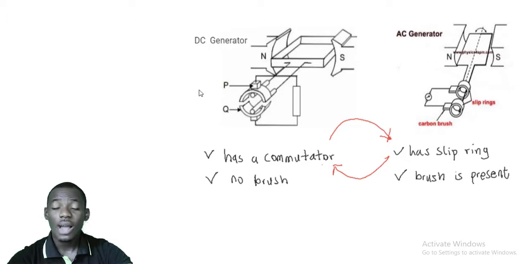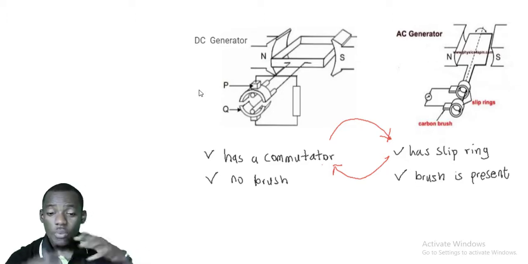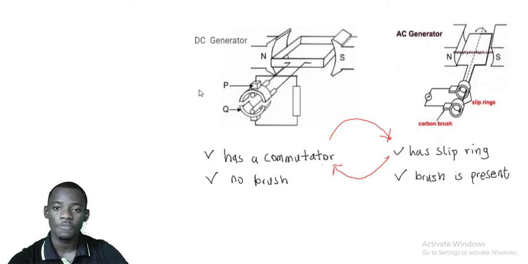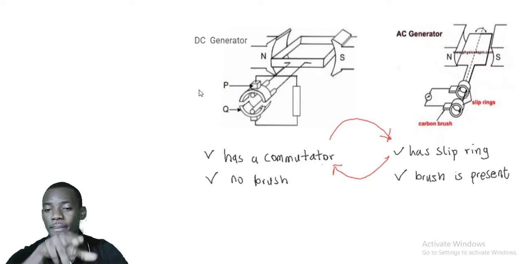You must know that the commutator is that which makes a DC generator a DC. Without a commutator, there is no DC generator, because for us to have a direct current, that is current flowing in one direction, it is the work of the commutator. While for us to have current flowing in two directions, it is the work of the slip ring.